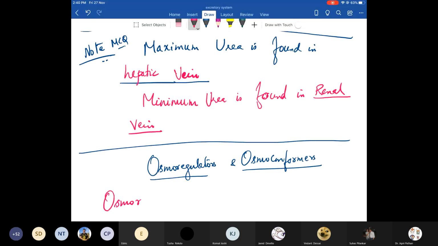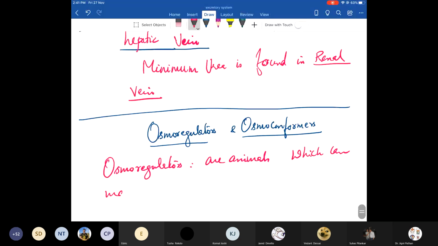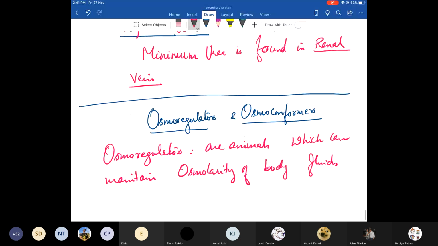Osmoregulators are animals which can maintain the osmolarity of the body irrespective of outside surroundings. Clear?